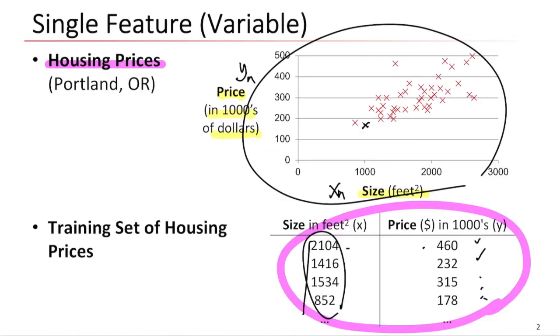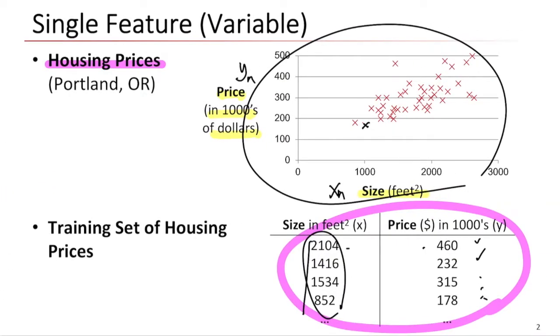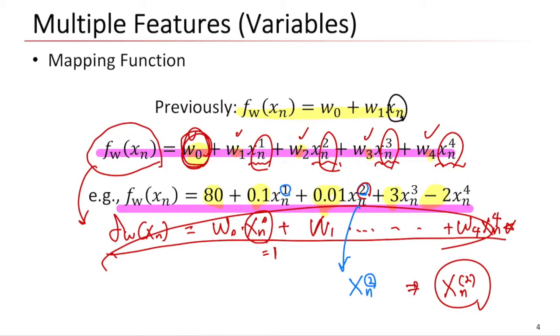And then in the third lecture, we were talking about classification, right? Before classification, we were also talking about the multiple feature case in the linear regression problem, right?